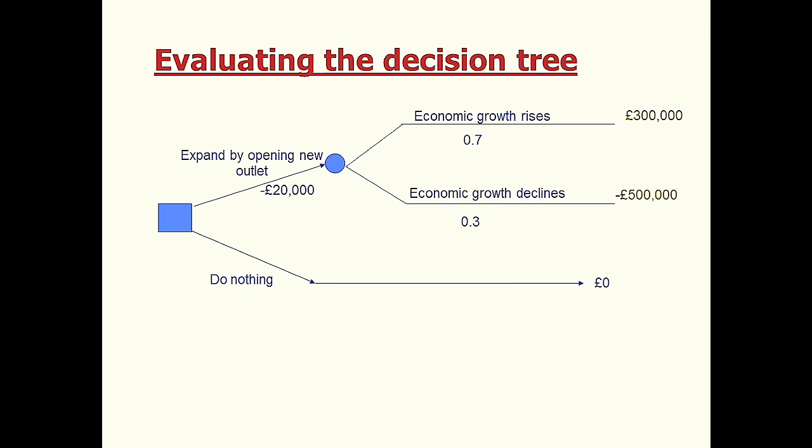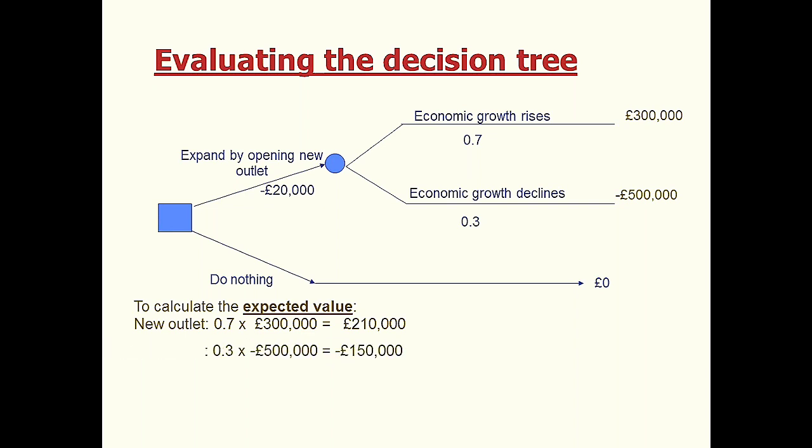So to calculate the expected value with the new outlet, 0.7 multiplied by 300,000 gives 210,000, and then for the economy decline, 0.3 multiplied by negative 500,000 gives us negative 150,000, and we get a positive 60,000.